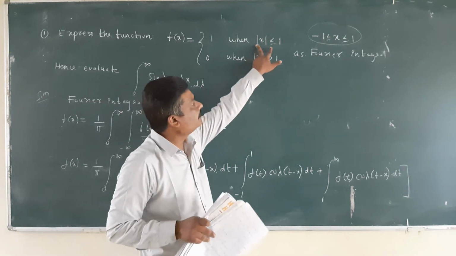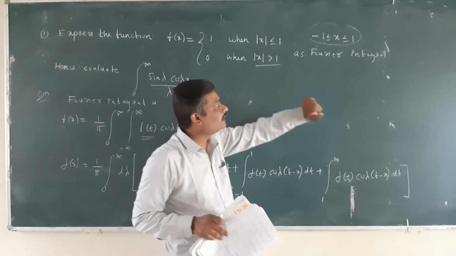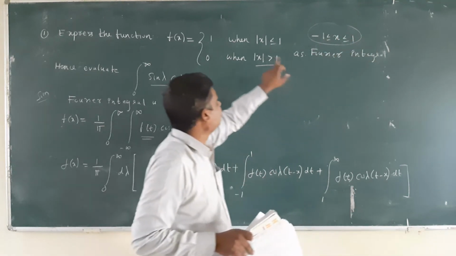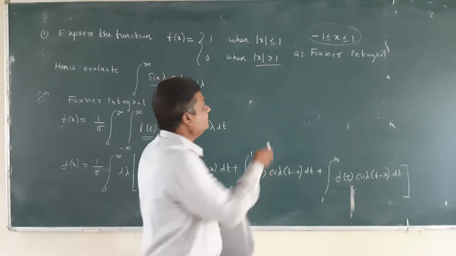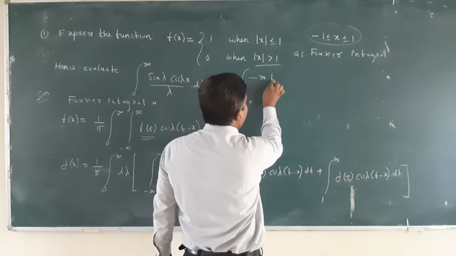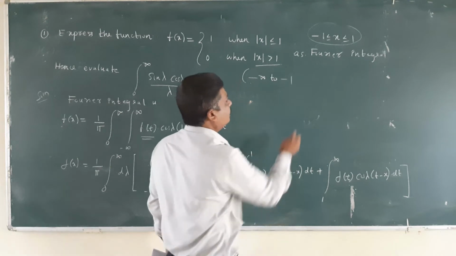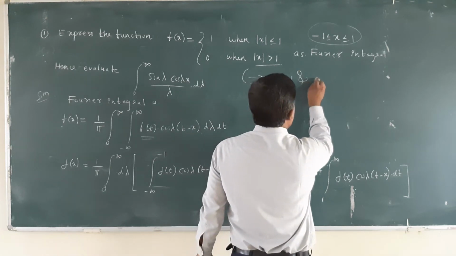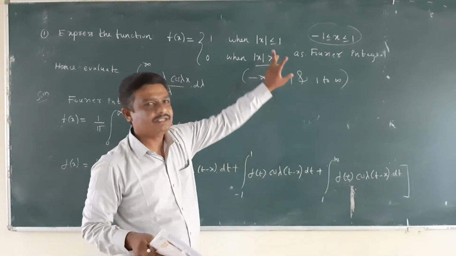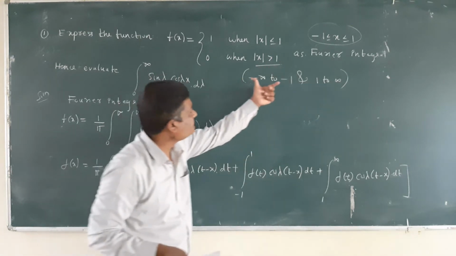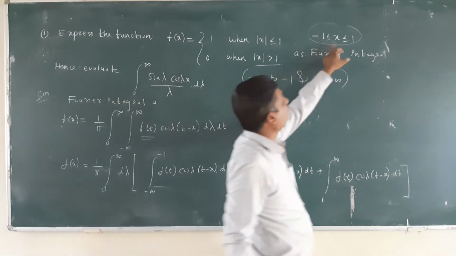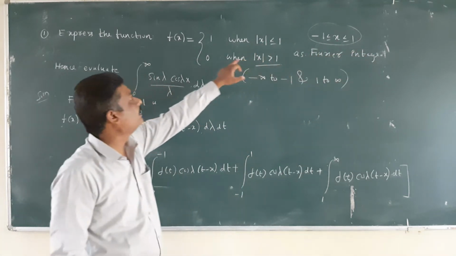So mod x less than or equal to 1 is nothing but x lies between minus 1 and plus 1, and mod x greater than 1 means the range is like this, minus infinity to minus 1 and plus 1 to infinity. In this range, the function value is 0. So in between minus 1 to plus 1, the function value is given as 1.